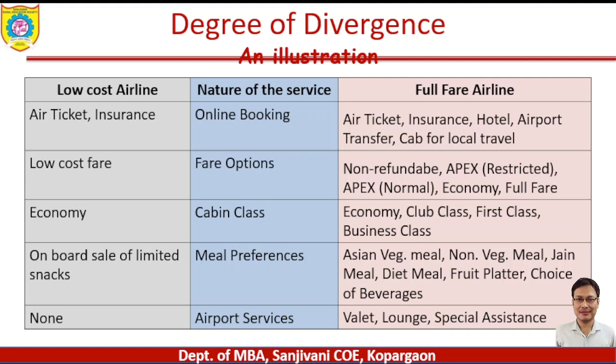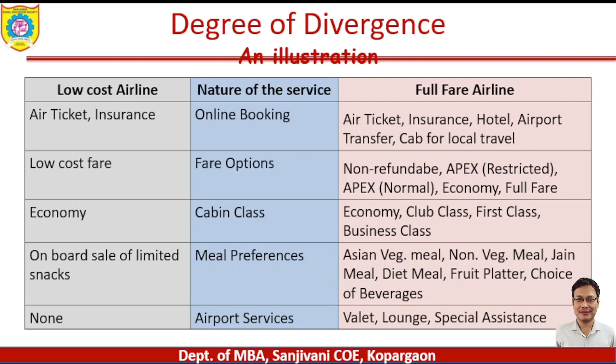For example, in case of online booking, in low cost airline, the passenger is getting only two benefits, like air tickets and insurance, whereas in case of full fare airline, you get the full length of extended services apart from only ticketing and insurance, like helping for booking in the hotel, airport transfer, finding a cab for local travel, etc.